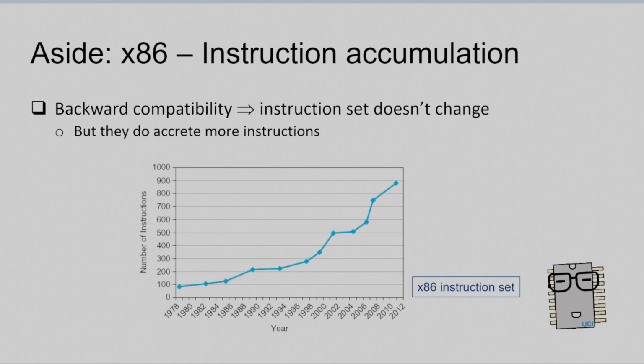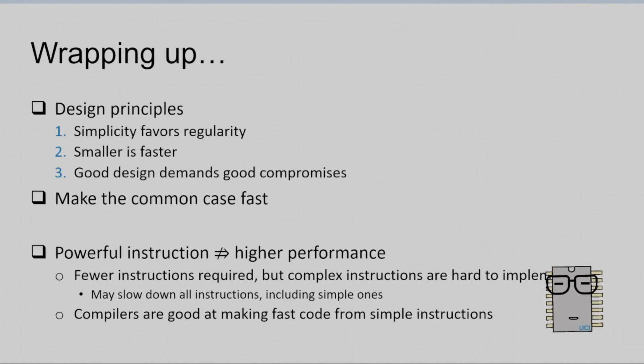This makes decoding the instructions very, very complicated for Intel processors. As of apparently 2012, the number of instructions hit almost 1,000. I think at this point we have something like 2,000 instructions in the full x86 instruction set, compared to a few dozen for RISC-V.